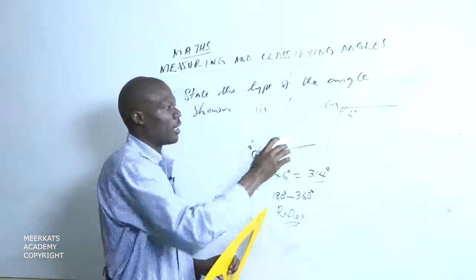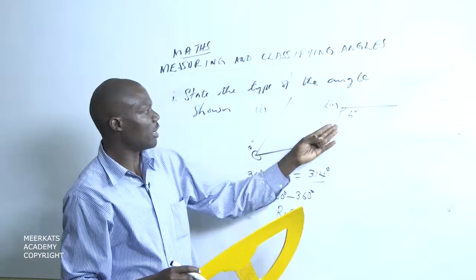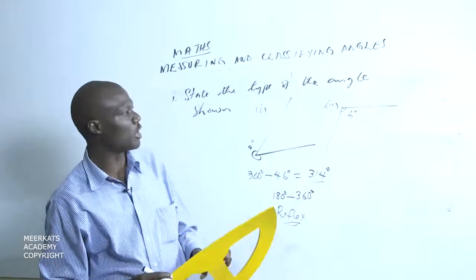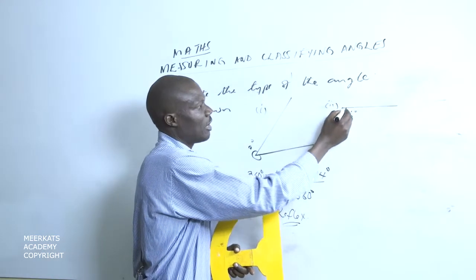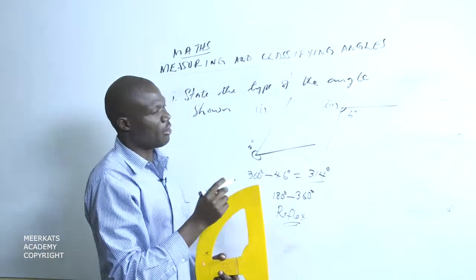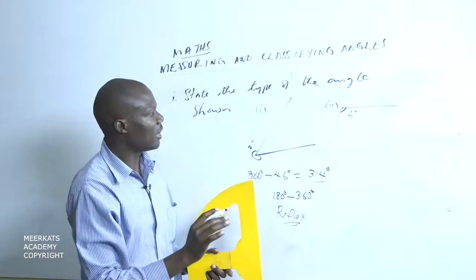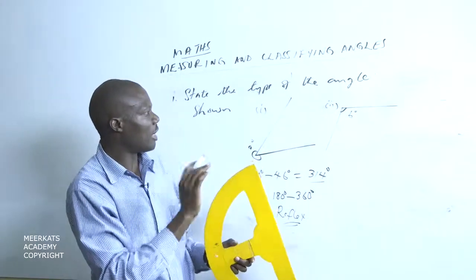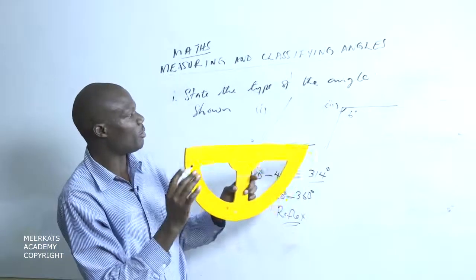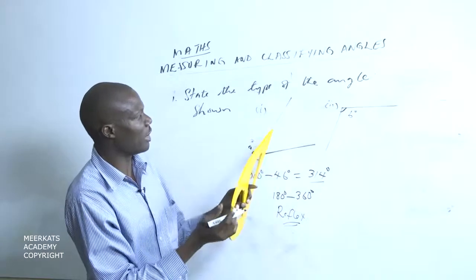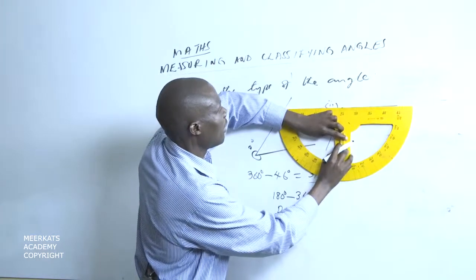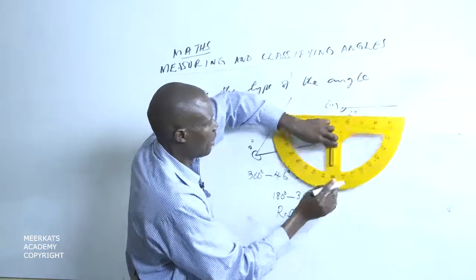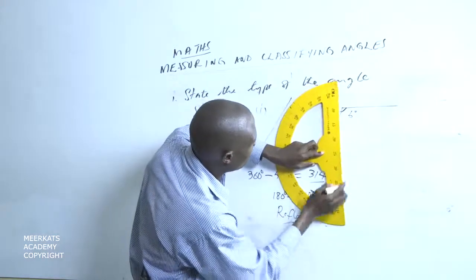For the second one, it can be easily identified even without using the protractor, because the first thing we look at is the angle inside. If it is greater than 90, then we are talking over an angle that is going to be formed between 90 and 180. This angle here, if you look at it, 90 is somewhere here. If we had a 90, it will be here.